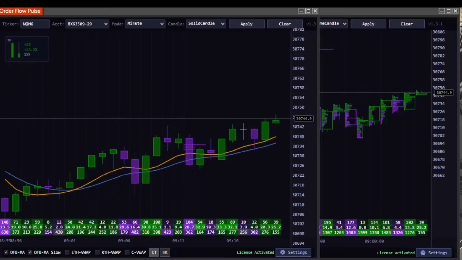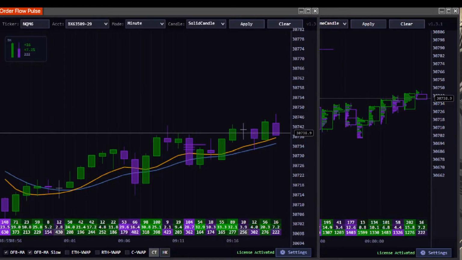There we go. All right, now what we need to do is get the order flow charts running. Not NQ. I want to do MNQ to test this. MNQ, M6. We are scalping.